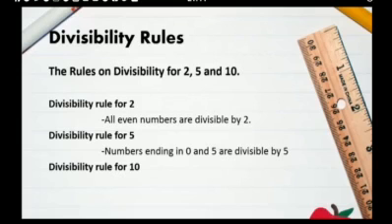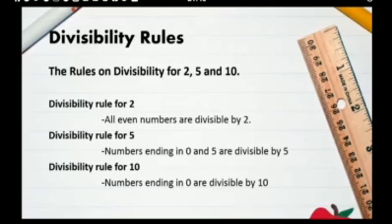Divisibility rule for 10: numbers ending in 0 are divisible by 10. All numbers that are divisible by 10 are automatically divisible by 5. But not all numbers that are divisible by 5 are divisible by 10. Okay?